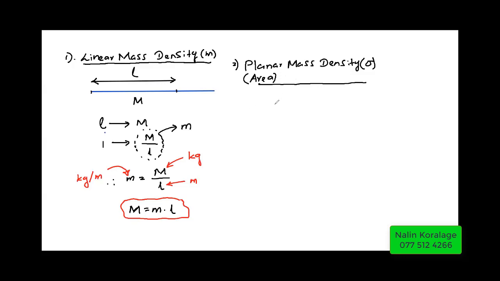In that case, it's pretty easy. We take an object whose cross-sectional area is going to be capital A, and mass is capital M, and the planar mass density is going to be sigma. For the information, I'll just write that it is called sigma.